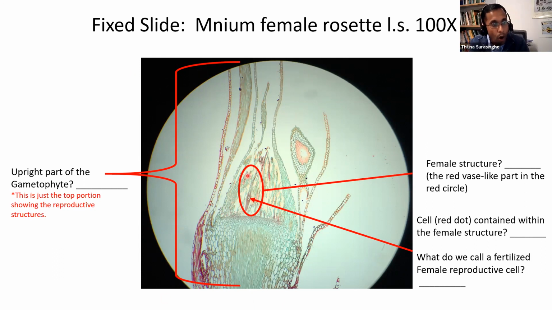Now, what do you call this particular structure? The female structure, the red waist-like part that is inside the red circle. This part. What is that?